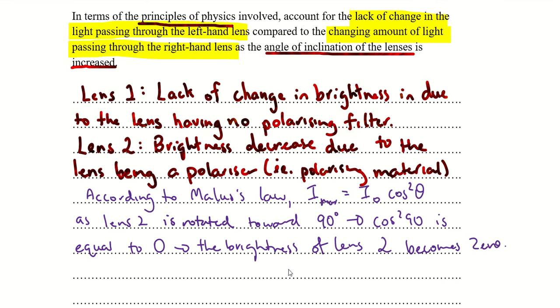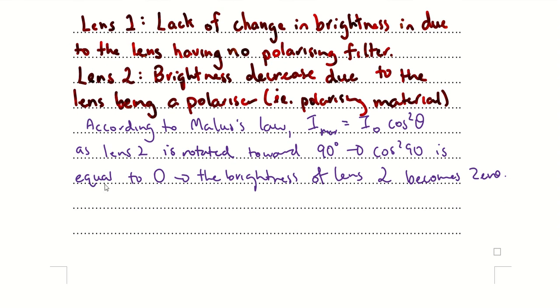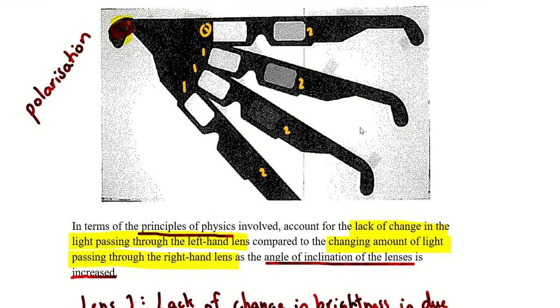Okay? There's another implication though that we can identify. As lens 2 becomes completely dark, remember the only way a polarizer can ensure that no light is transferred through must imply that whatever screen was in front of them, being this screen here, is also a polarizing material.